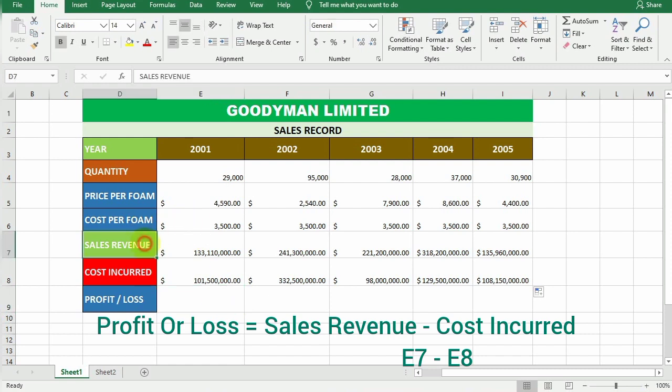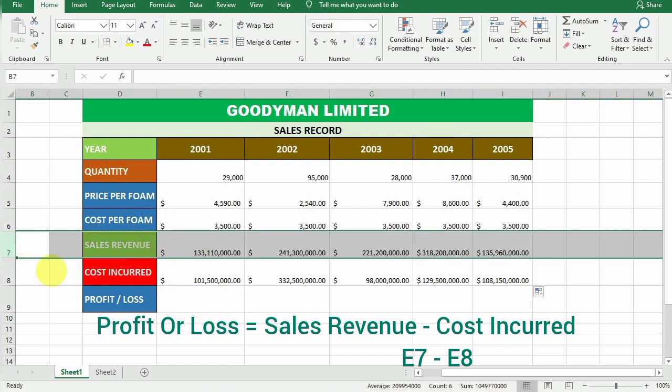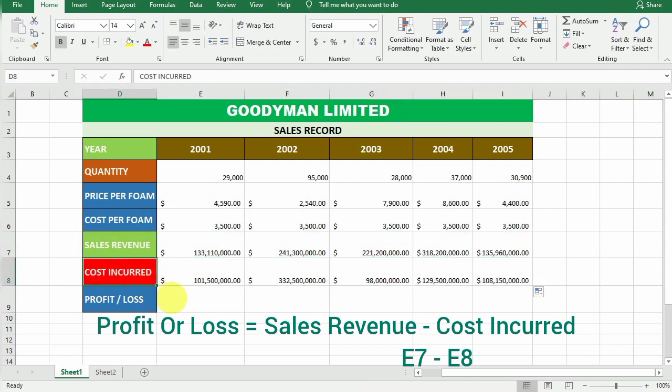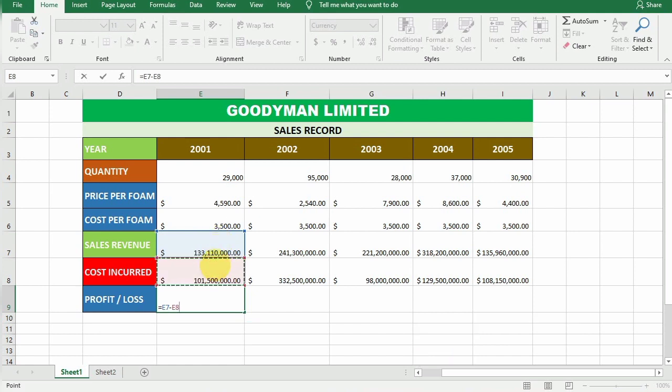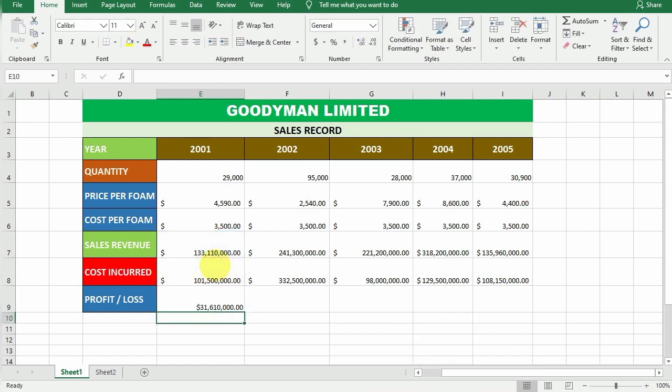So it's equal to sales revenue, minus cost incurred. Wow, you see that? Finally, we have gotten the profit or the loss margin, depending on what I'm going to determine later. Okay, so now let's drag this copy handle over and see what we've got.